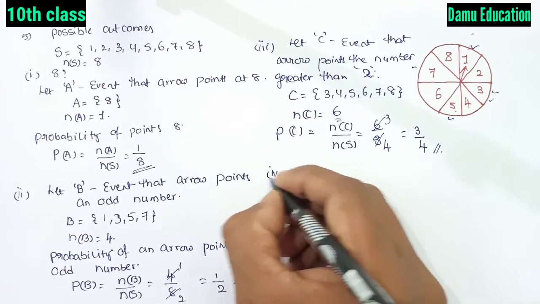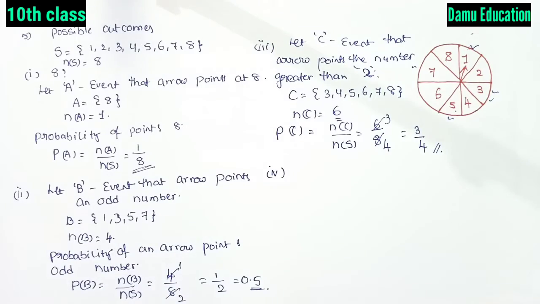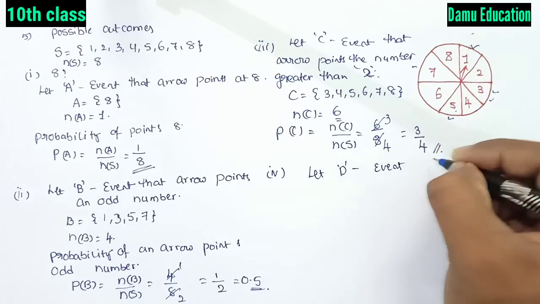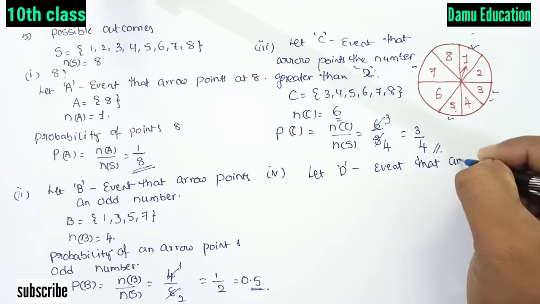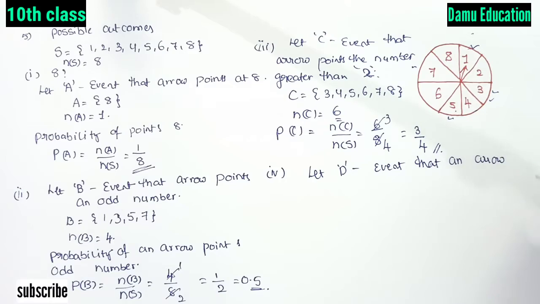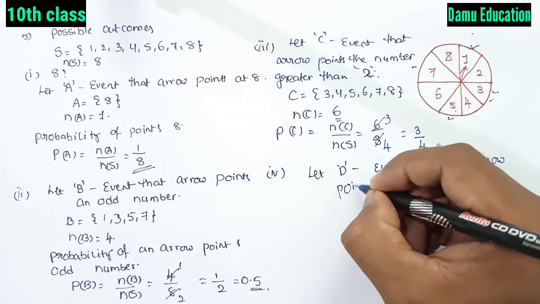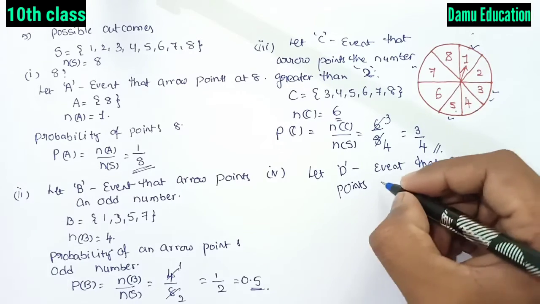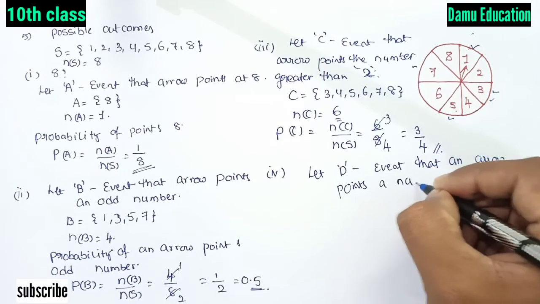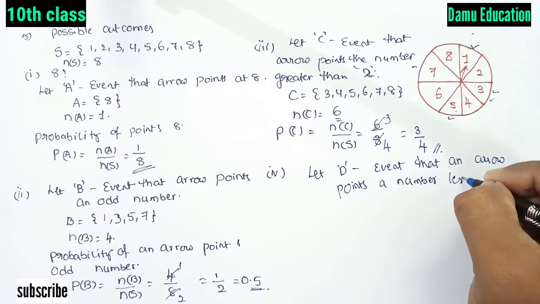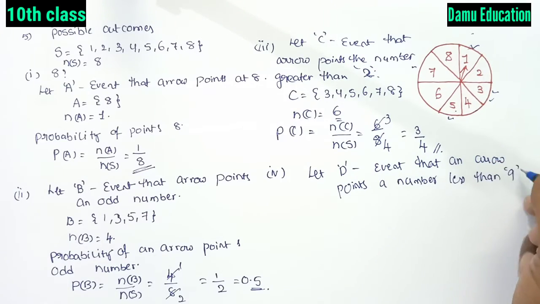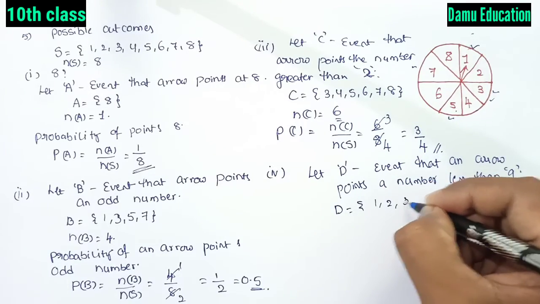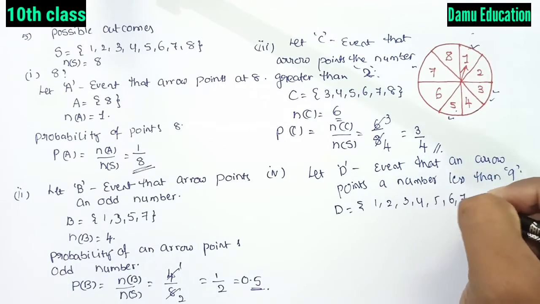Next, the fourth one: a number less than 9. Let D be the event that the arrow points at a number less than 9. So D is the set of numbers less than 9, which means all the elements 1, 2, 3, 4, 5, 6, 7, 8.